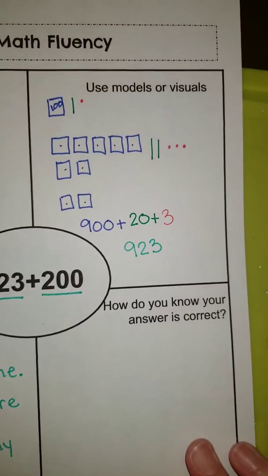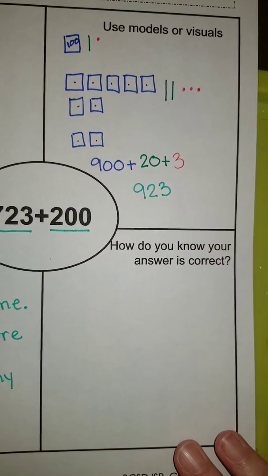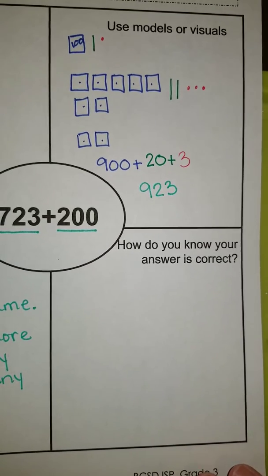Final corner, my final square, is to answer the question, how do you know your answer is correct?